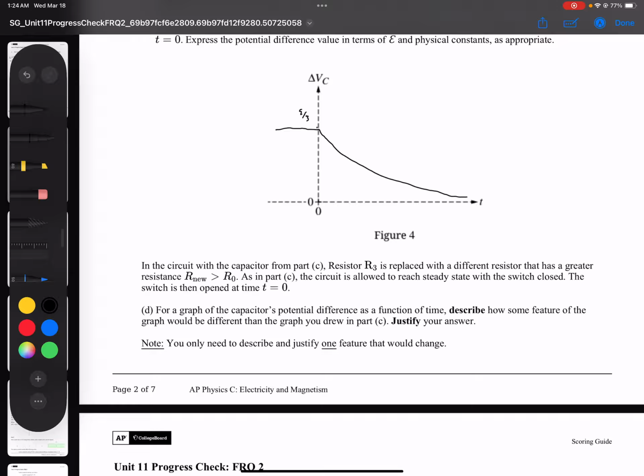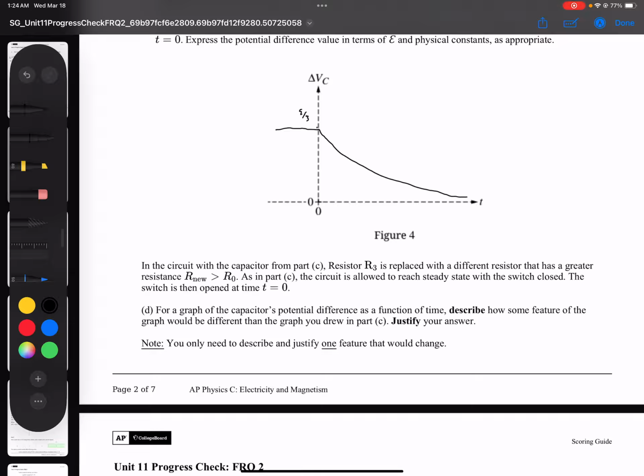And if I put in a new resistor that's larger, as we saw in the simulation, it has to have a larger voltage drop across it, given that it has to have the same current as the battery and as the other two resistors. And we know the voltage drop across the resistor is I times R. So if it has a larger resistance, there's going to be a larger voltage drop. And that has to be the same voltage drop as the capacitor because they're in parallel. The new resistor and the capacitor are in parallel with each other. So the voltage drop across the capacitor is going to increase.